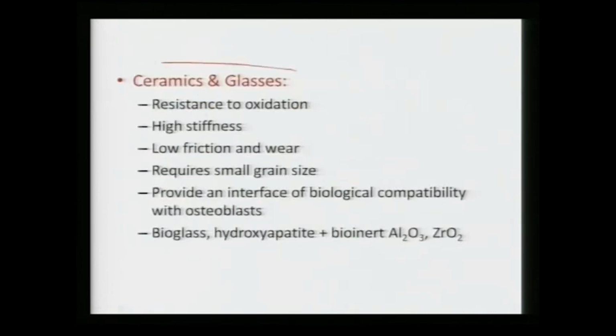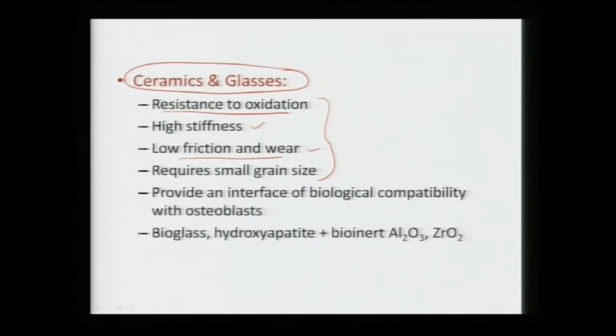Additionally, certain ceramics and glasses have also come into the picture, basically because of their two main features. First, they have good mechanical properties and chemical properties. They have resistance to oxidation, they possess very high stiffness, they have a low coefficient of friction, and they also have very good wear resistance.